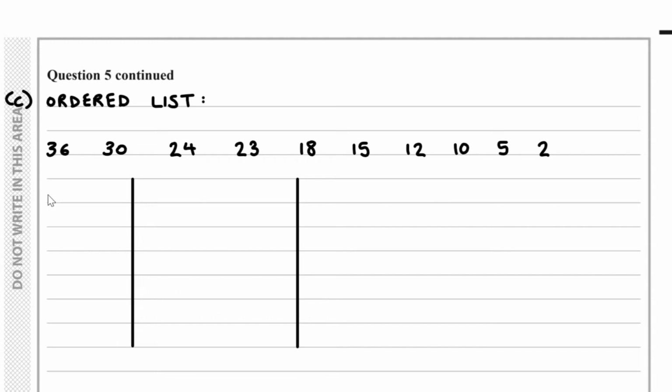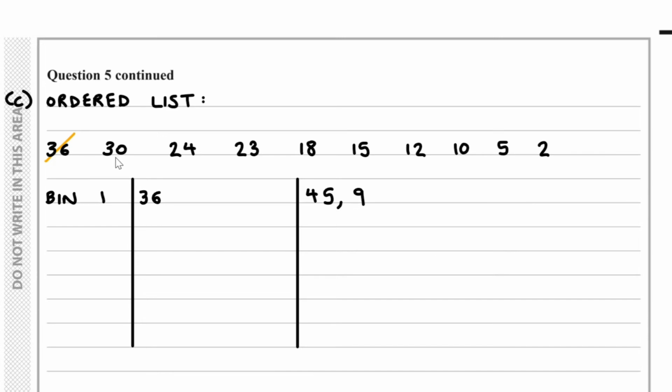If I open up a new bin, bin number 1 say, currently it's got space 45. I'm going to place the 36 into bin number 1, and the space remaining then will be 9. 45 take away 36 is 9. So let's cross off the 36 here.